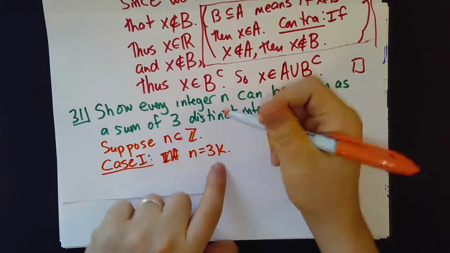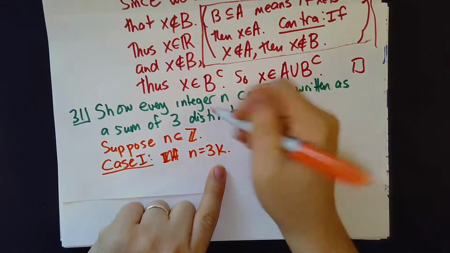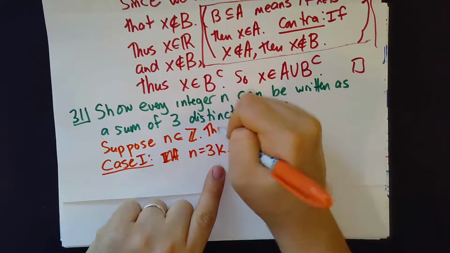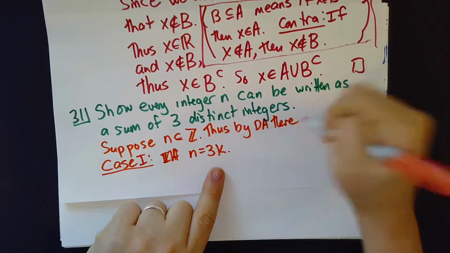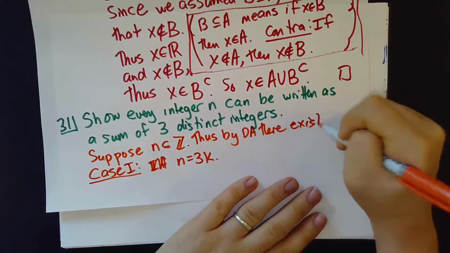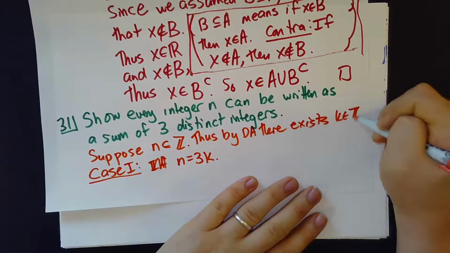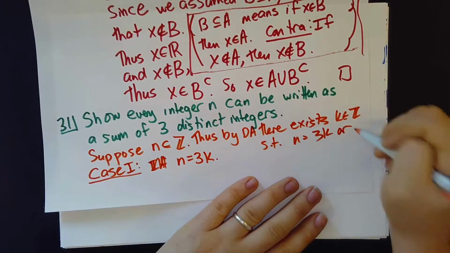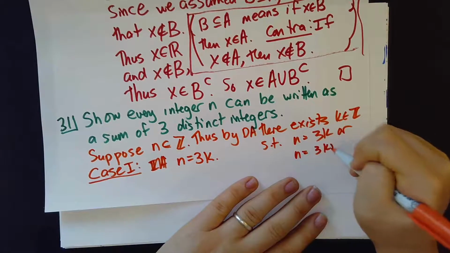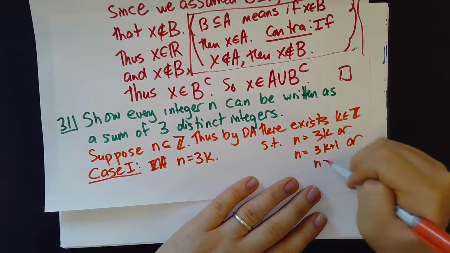Okay, so basically here I'm using the division algorithm to say that there exists a k such that n is 3k, or n is 3k plus 1, or n is 3k plus 2.